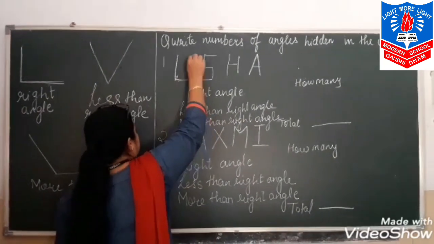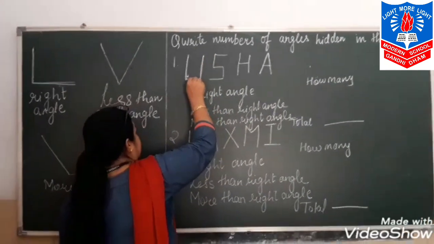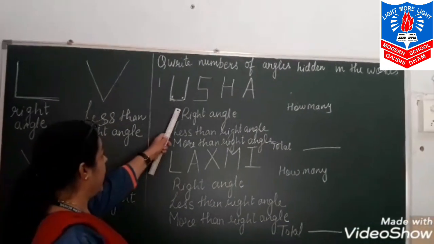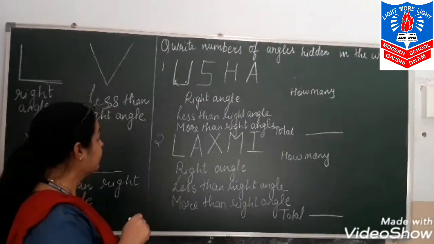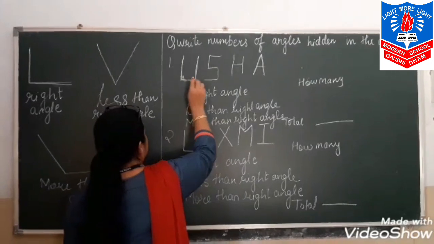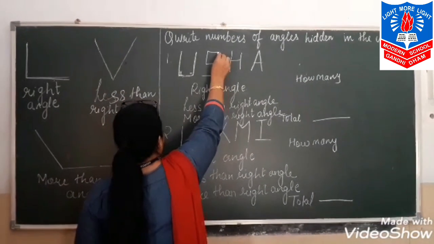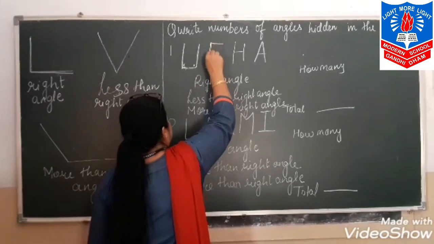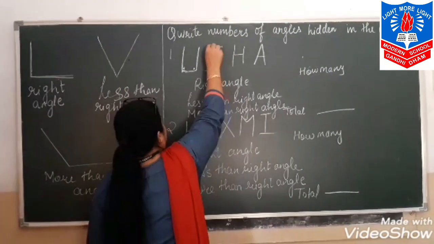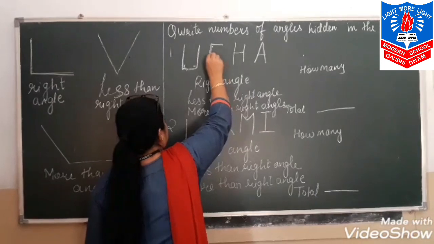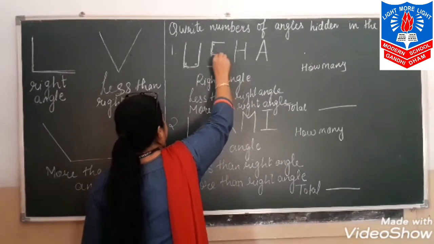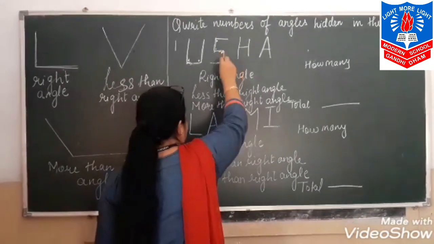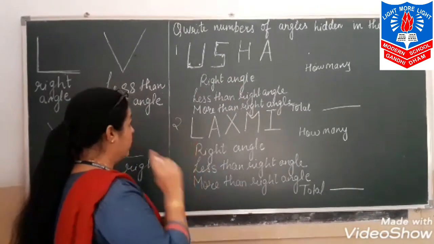Then here to here, again second L means it is a right angle, and this word has 2 right angles. Then here see 1, here to here 1, then here to here 2, and here 3, here 4. In this word there are 4 right angles.